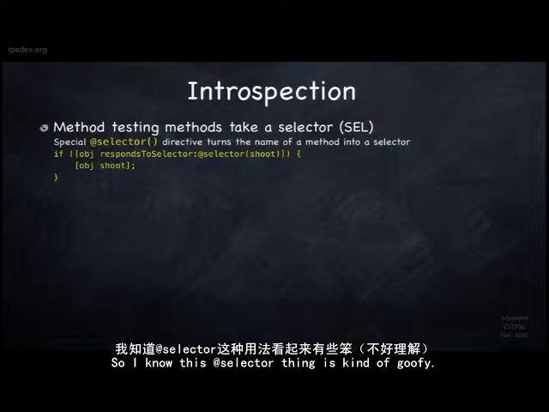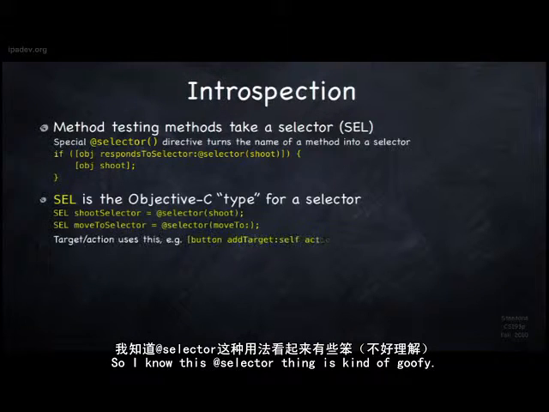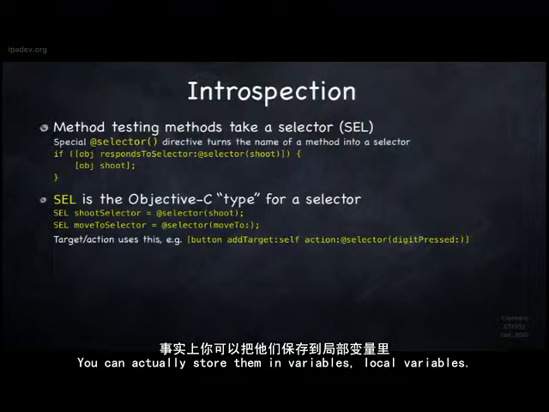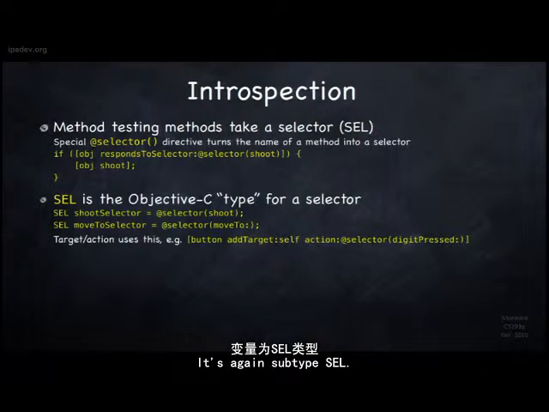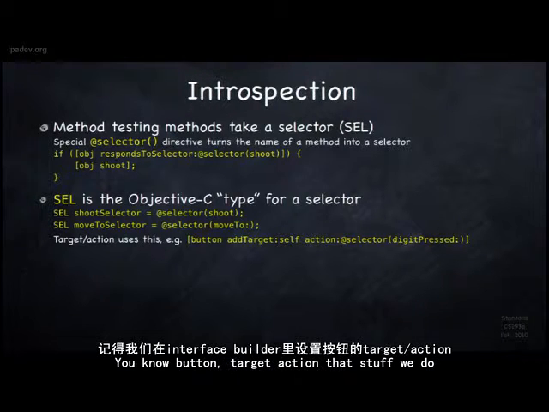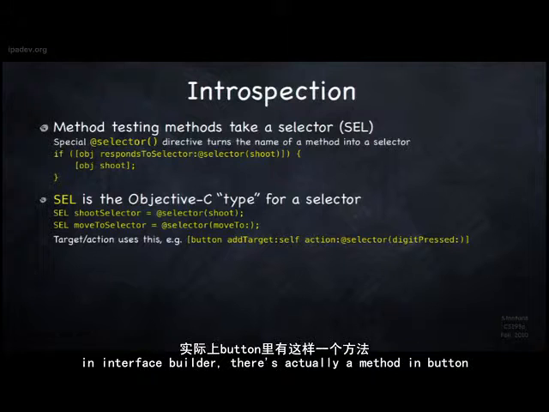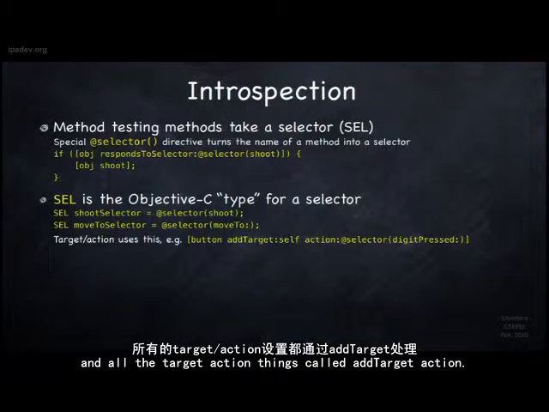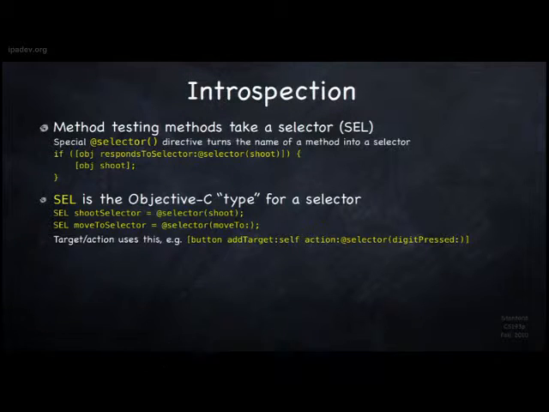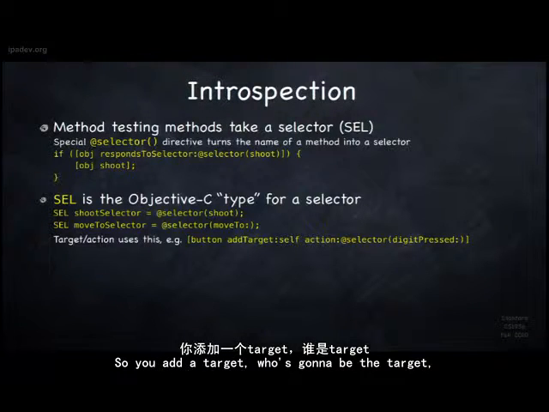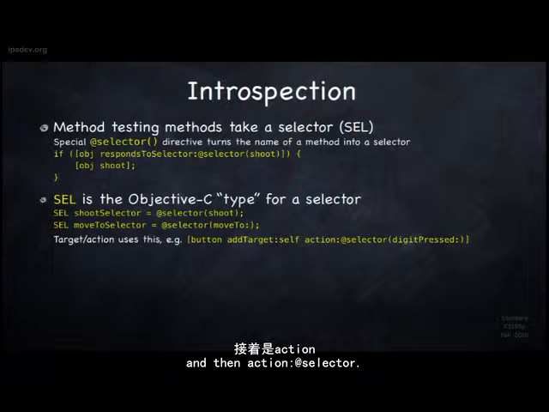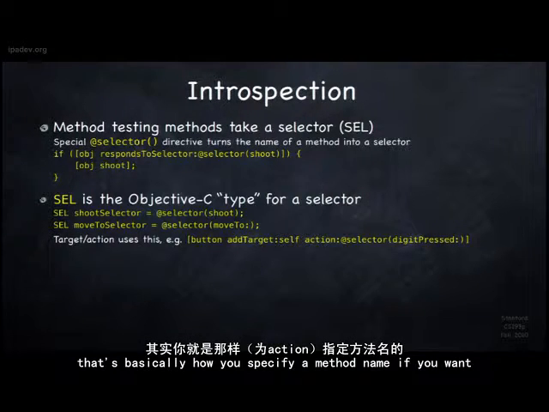All right. I know this @selector thing is kind of goofy. You can actually store them in local variables, of type SEL. Target action uses this, the button target action stuff we do in Interface Builder. There's actually a method in button and all the target action things called addTarget:action:. So you add a target, who's going to be the target, and then action: @selector. That's basically how you specify a method name.